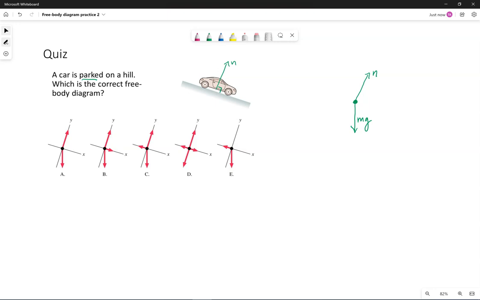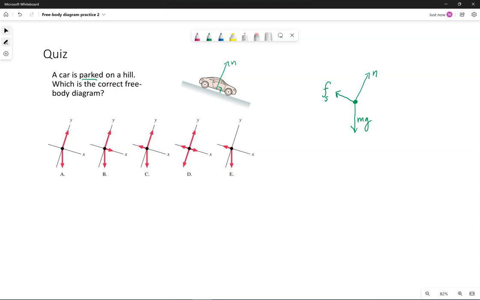So there must be a force that's not allowing the car to accelerate down the incline. That force needs to come from the ground as well. And so that will specifically be friction. This force is specifically static friction.